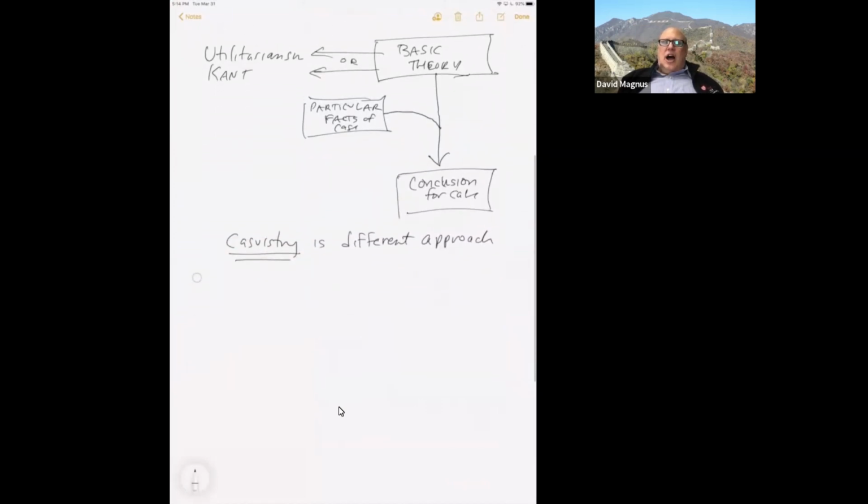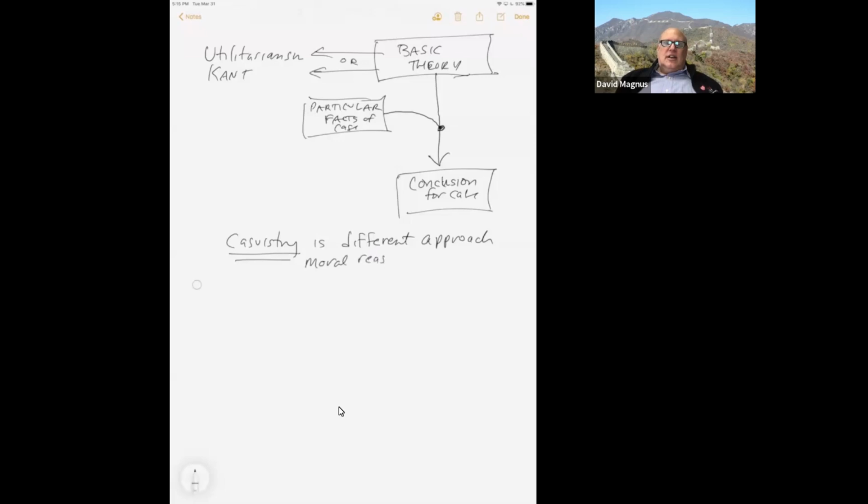It's also not how people reason in medicine, which is fundamentally a casuistical exercise in which you're engaged in a process of practical reasoning, thinking about how to look at the particular patient in front of you and how they're like other patients. And at a fundamental level, for casuists, moral reasoning is itself a practical activity, a form of practical reasoning.